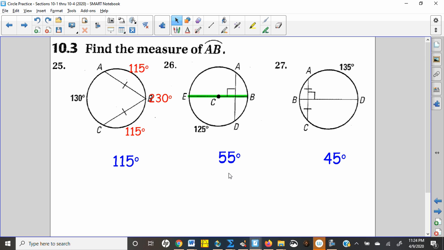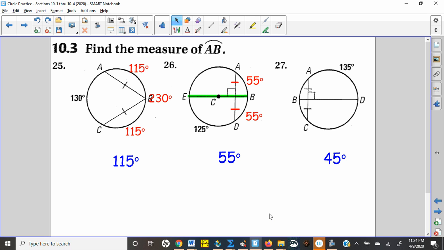10.5 tells us that if we have a diameter that is perpendicular to a chord, it will bisect the chord. Now, on that note, a diameter also will create two semicircles, right? So semicircle 180 degrees, subtract 125, and then because the diameter is bisecting the chord, it's also bisecting the arc.